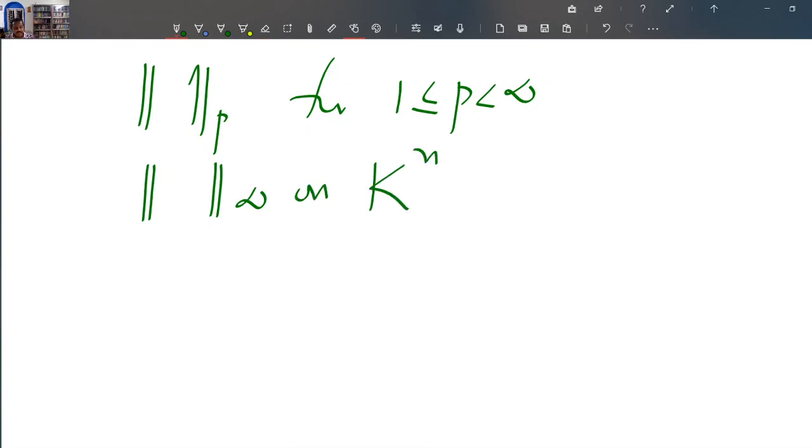So you have a variety. For any real number p between 1 and infinity, you have the p norm by the usual definition, as in the previous class, and that is a norm on K^n. Now the supremum norm is also a norm on K^n.